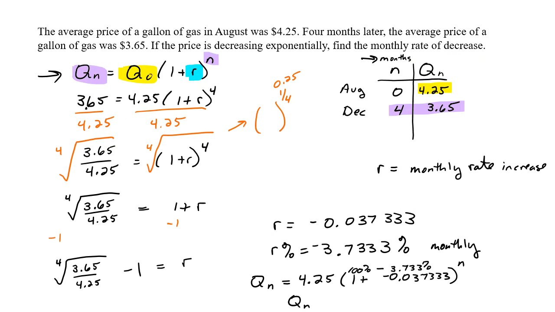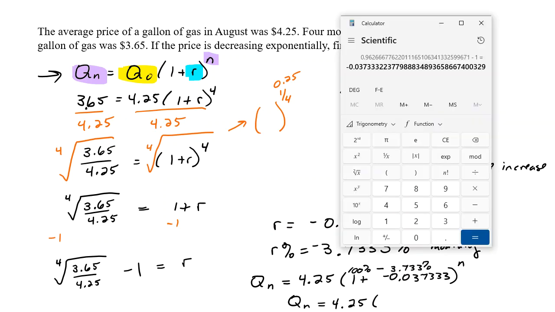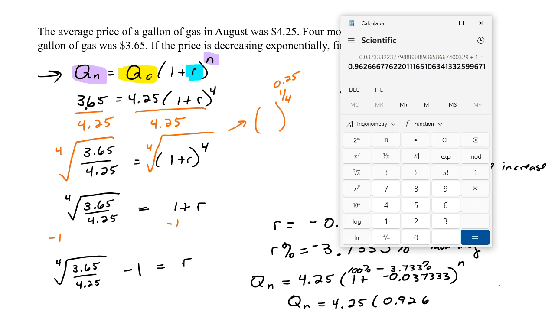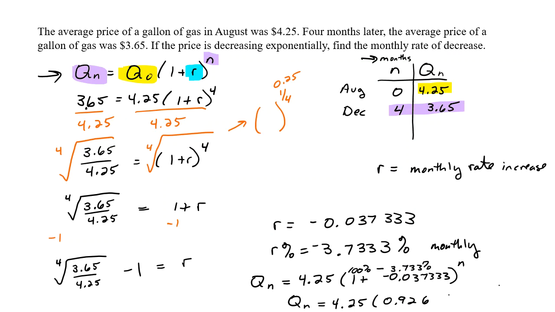Then you would have some number smaller than 1. Let's see. 1, that's our number right there, and then we're adding 1 to it to get 0.96266. Okay, I thought I forgot something because it's about 96%, right? Maybe we'll stop right there.